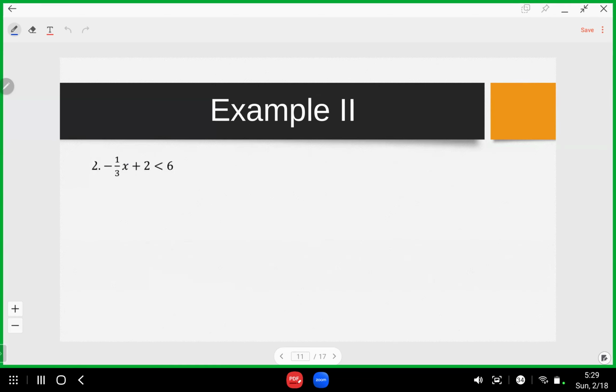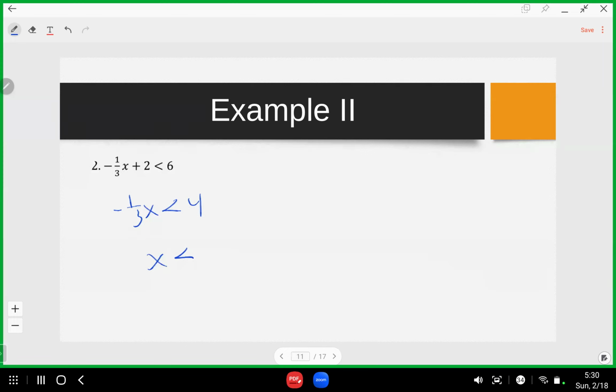And now we have number 2 here. Negative 1/3 x plus 2 is less than 6. So negative 1/3 x is less than 4. x is less than, what are you multiplying by?